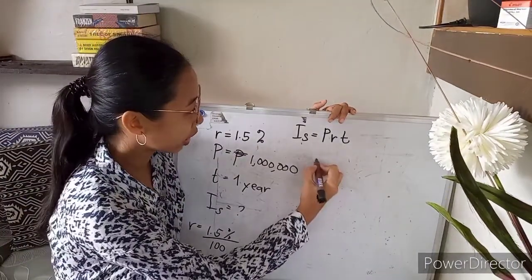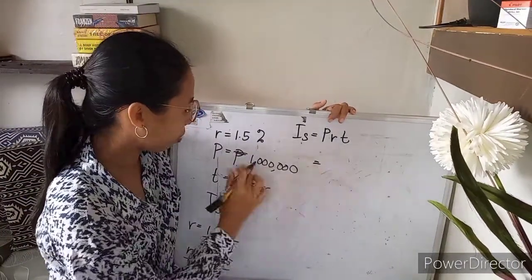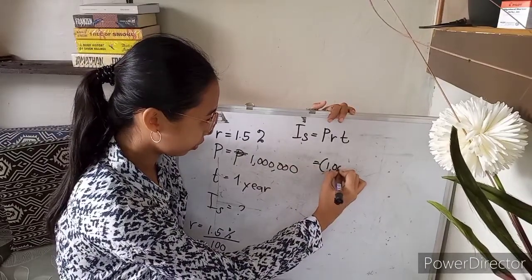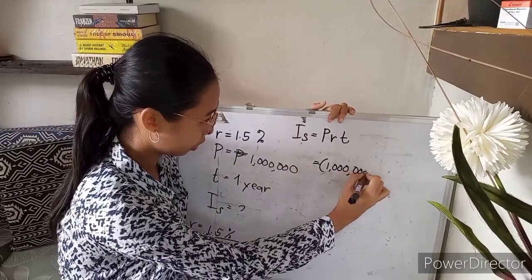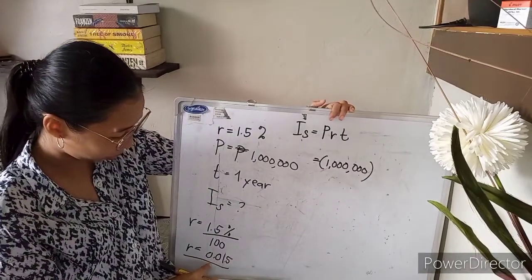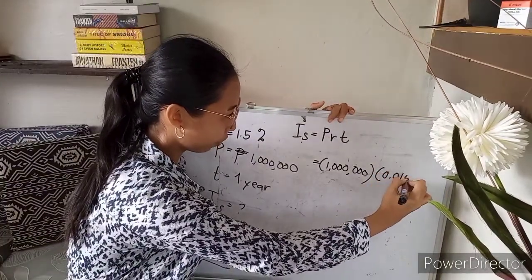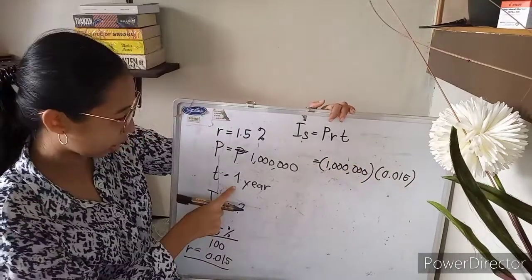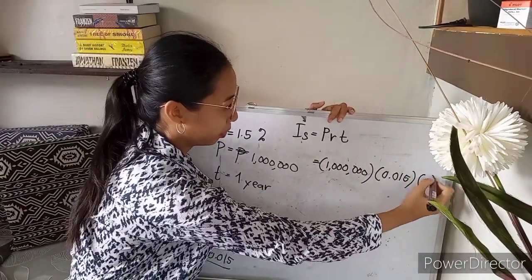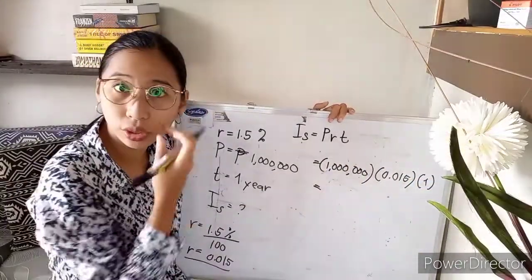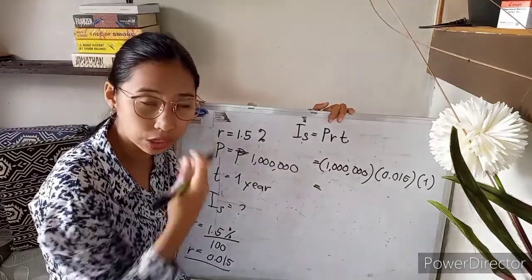So, ato na siyang i-substitute. Ang imong P is 1 million. Ang imong R is kani atong bag-o nga gi-solve. So 0.015 times ang imong time, which is 1. So use your calculators. You can use a calculator for this one.